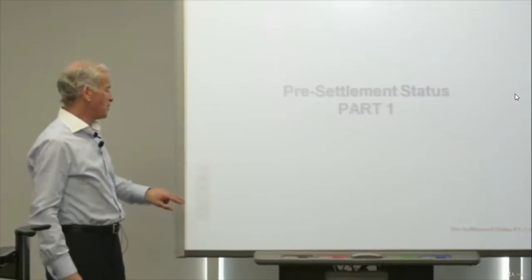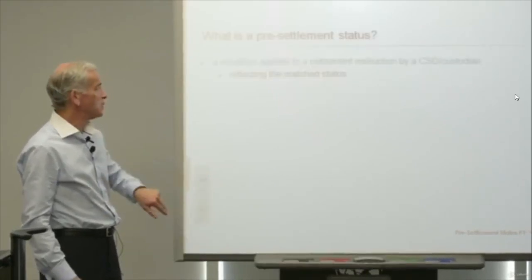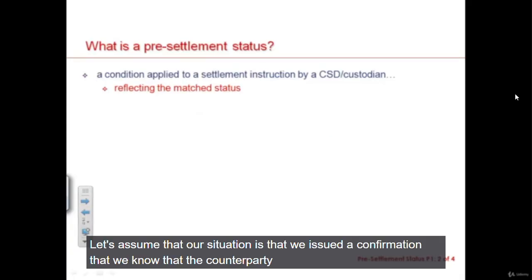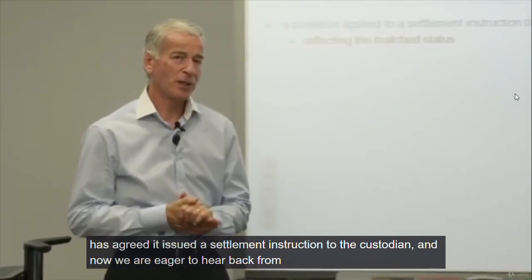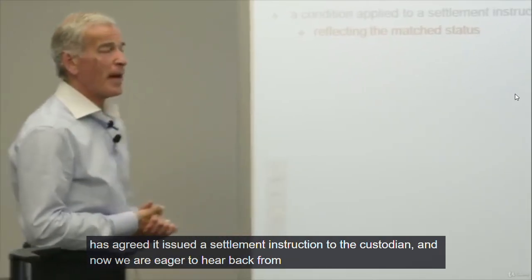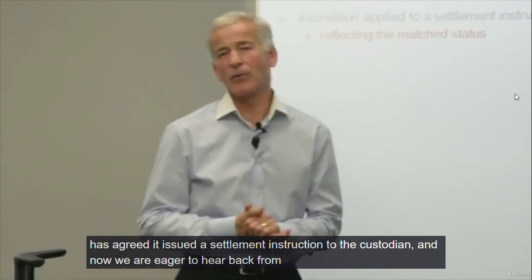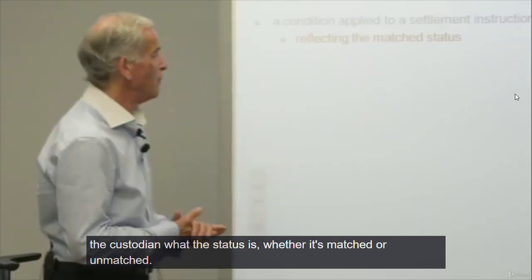Let's move on to the subject now of pre-settlement statuses. Let's assume that our situation is that we issued a trade confirmation, that we know that the counterparty has agreed it, we've issued a settlement instruction to the custodian, and now we are eager to hear back from the custodian what the status is, whether it's matched or unmatched.